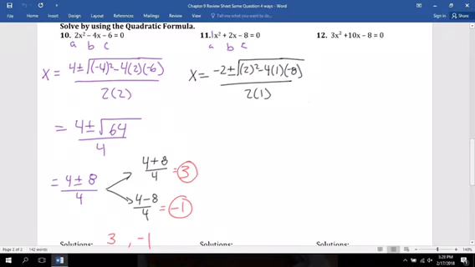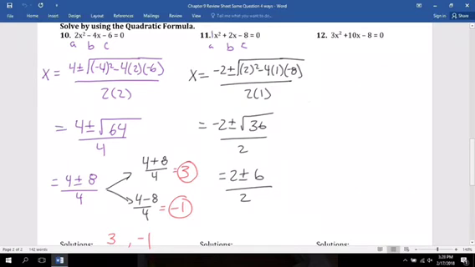Well, in this case, we will evaluate what's underneath the square root, and we get negative 2 plus or minus the square root of 36 all over 2. The square root of 36 we know is just 6, so I've got 2 plus or minus 6 over 2.